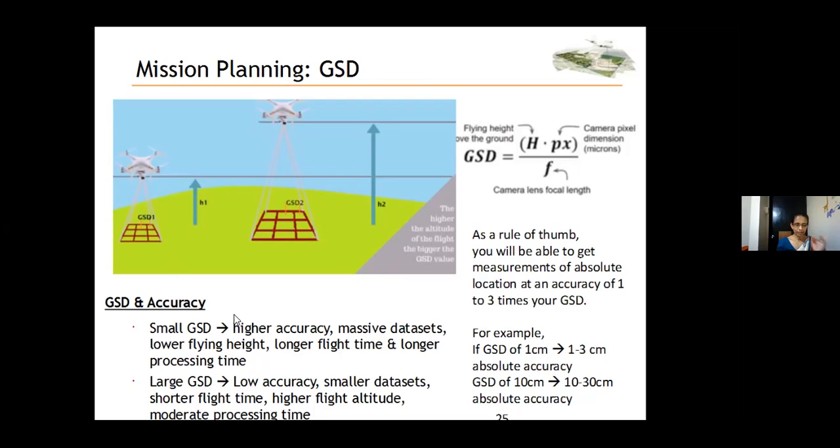As a rule, the horizontal relative accuracy is 2 times the GSD, and the vertical relative accuracy is 3 times the GSD. For example, with a GSD of 3 centimeter per pixel, horizontal relative accuracy is 6 centimeter, and vertical relative accuracy is 9 centimeter. But remember, it is all about trade-offs.